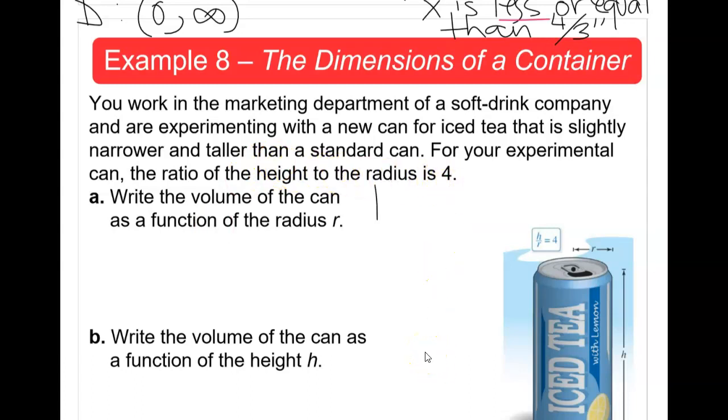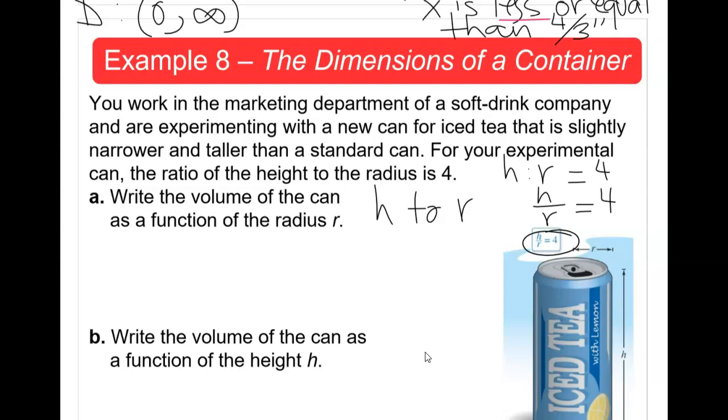So we have this type of ratio. H to radius is equal to 4, meaning that H to R is equal to 4. As a fraction, it will be H divided by R is equal to 4. And that's the same equation that we have here.